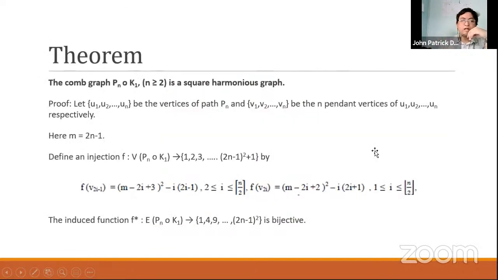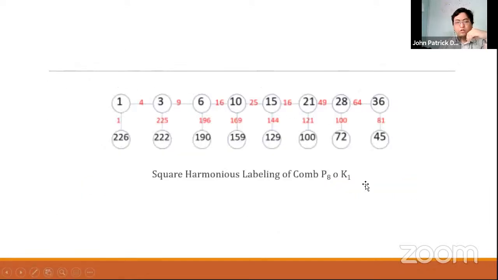Lastly, the comb graph, P sub n circle K1, is a square harmonious graph for n greater than or equal to 2. The most important thing here is to know the number of edges, which determines what you put at the last vertex. Here is a sample square harmonious labeling of comb P8 circle K sub 1. We can see that the edge labels are perfect squares.